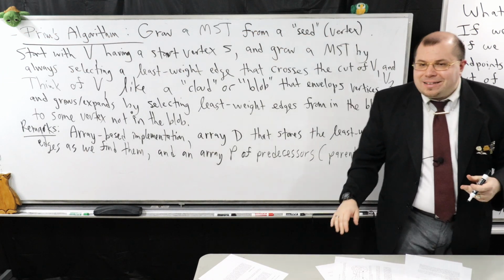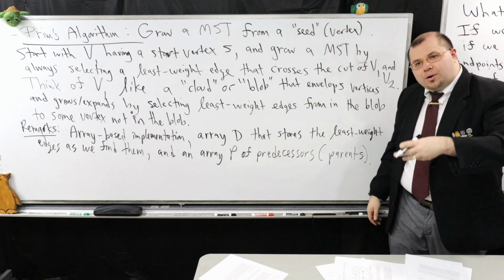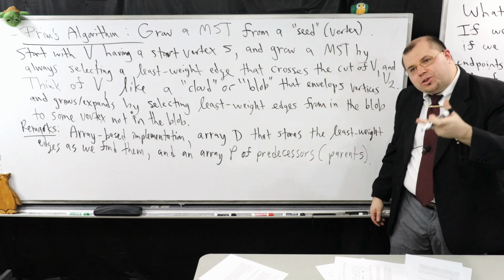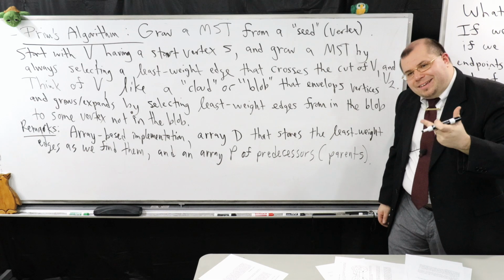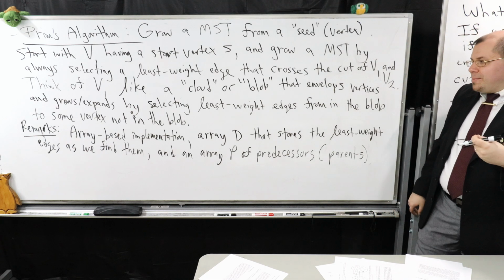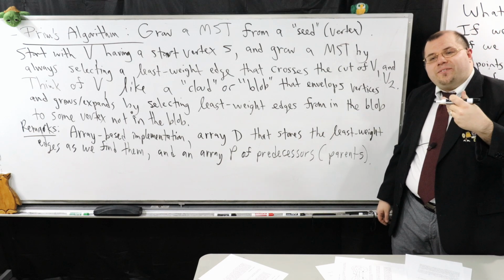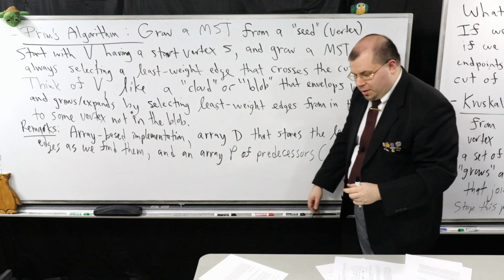So I'm going to be maintaining the distances. These distances, in another algorithm I'm going to show you, are literally a distance. In Prim, all it is is the value of the least weight edge I found so far, the best one I've found so far.